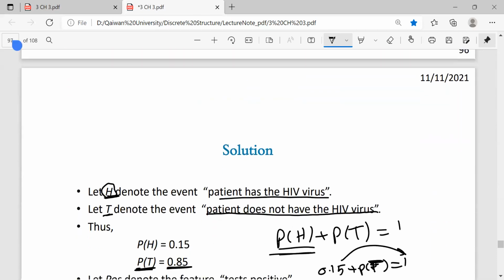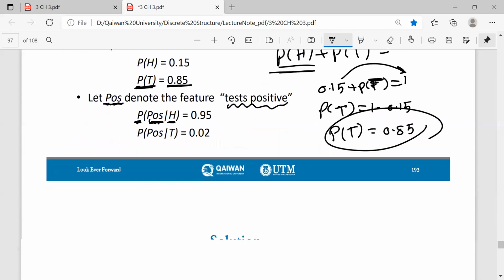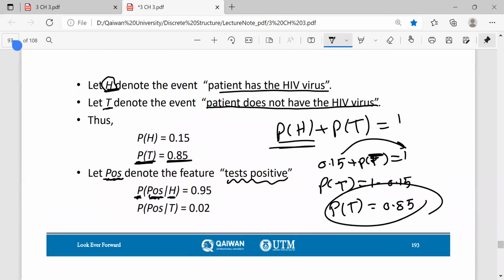Here we let H be that the patient has the HIV virus. That means the probability of a positive test, given that the patient has the HIV virus, is 0.95. It's given. And also the probability of POS given T is 0.02. That's also given. So these are the only needed things that we should have.